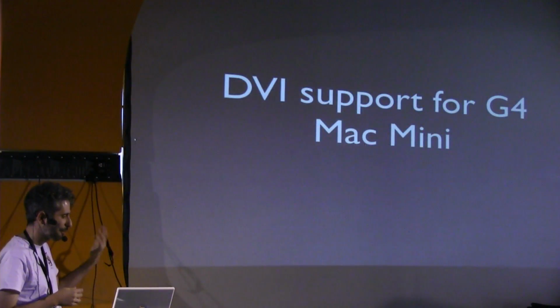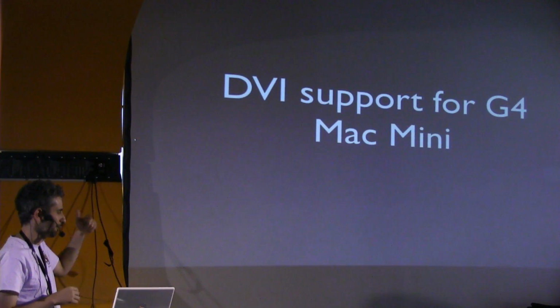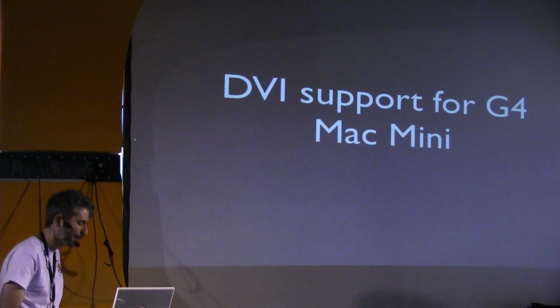Because when you plug in a bargain basement cheapo DVI monitor, you find that suddenly you can't get into Open Firmware because the system doesn't initialize it properly, and NetBSD, the Radeon firmware driver, doesn't initialize the display properly.